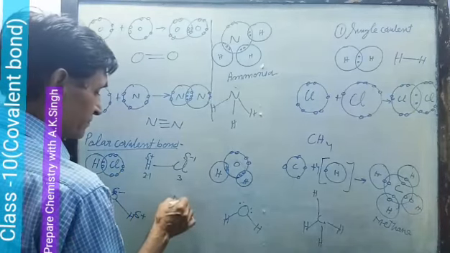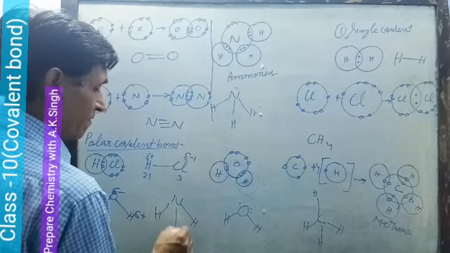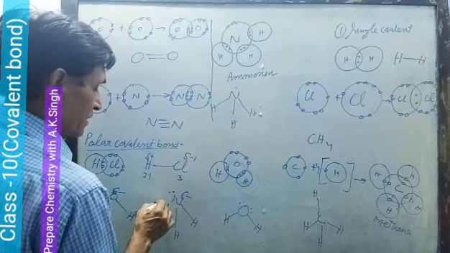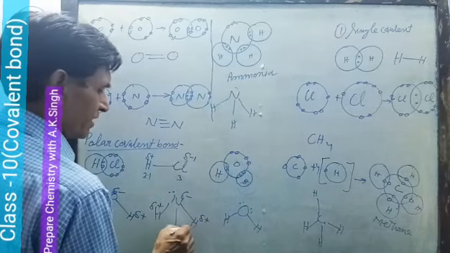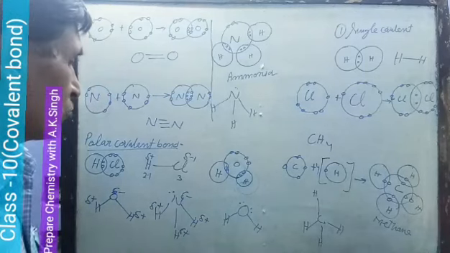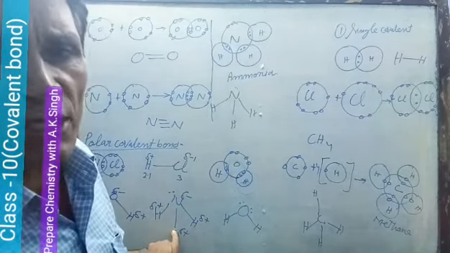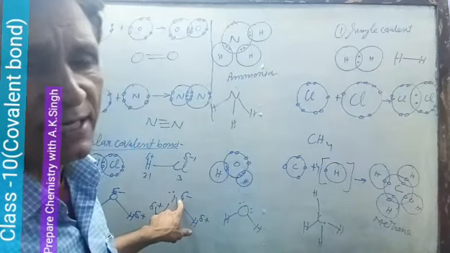Ammonia. Ammonia is a polar molecule because an electronegativity difference is there. Then the shared electron pair is attracted more towards the nitrogen.